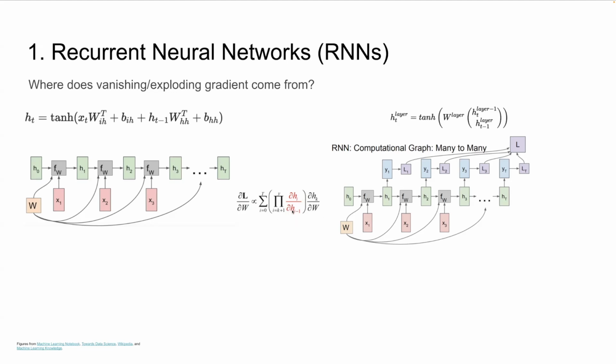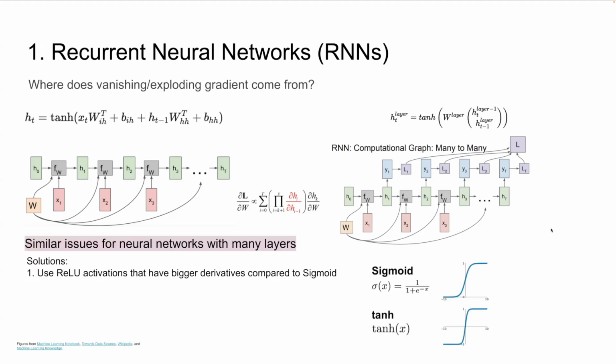So you want to avoid that to get some stable gradient. So this is the issue with recurrent neural networks.